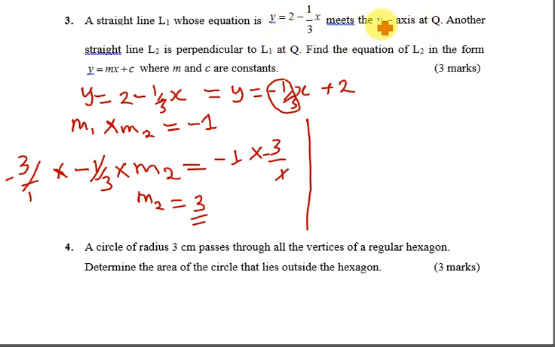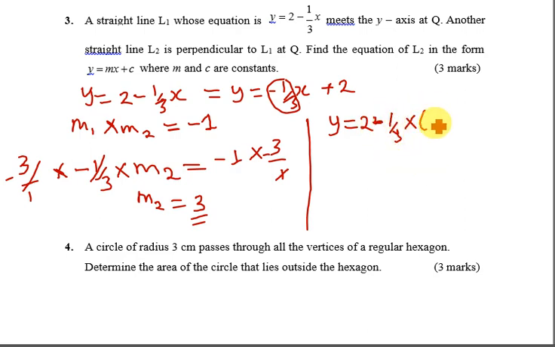So with the gradient, we know that we are told this line meets the y-axis at this point Q. So when we want to get the y-intercept, the x is always 0. So y would be equal to 2 minus 1 over 3.